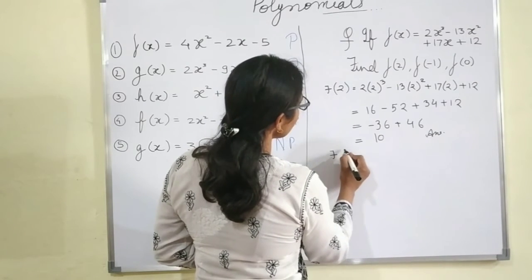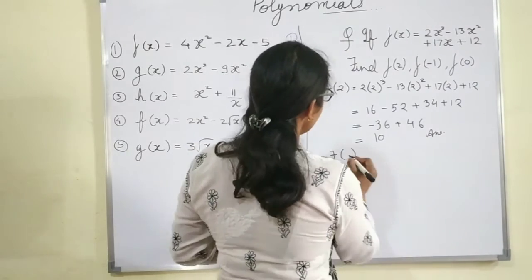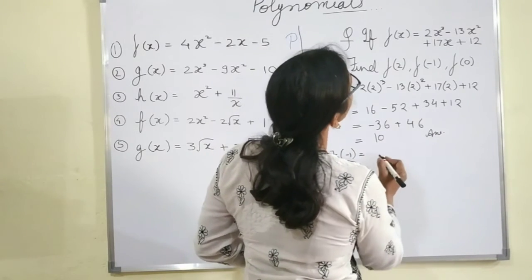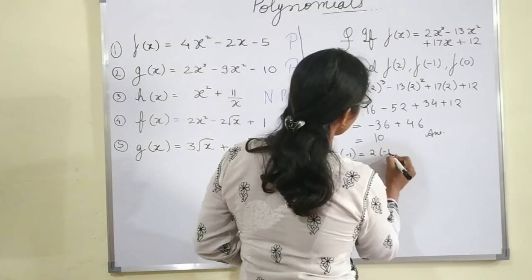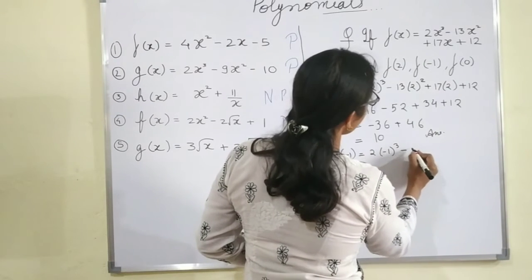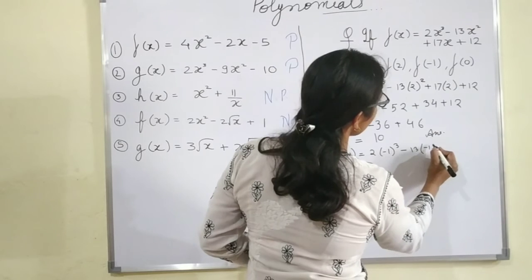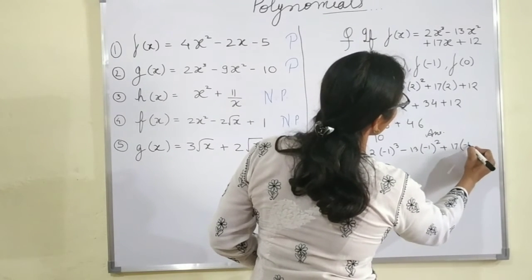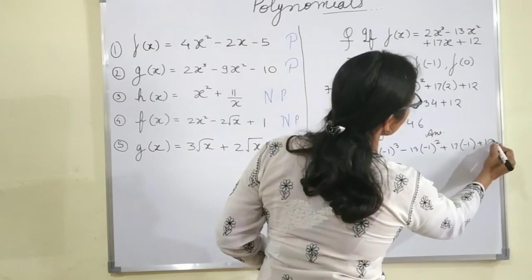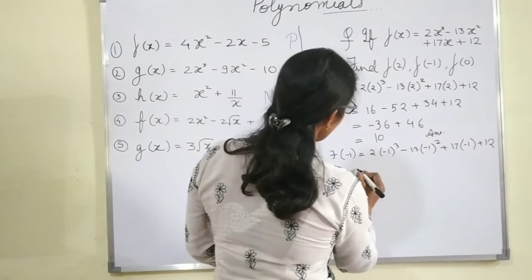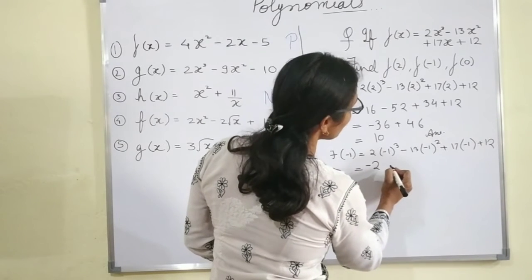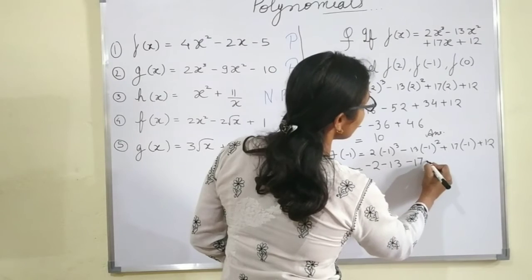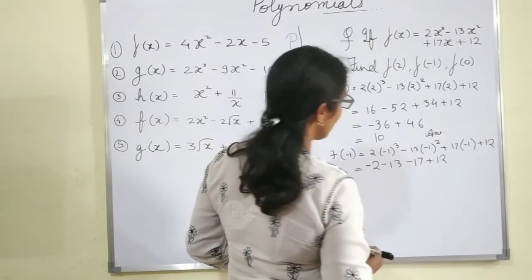Now we will substitute it by minus 1. So if we substitute it by minus 1, it is 2 into minus 1 cube minus 13 into minus 1 square plus 17 into minus 1 plus 12. So it will be minus 2 minus 13 minus 17 plus 12.